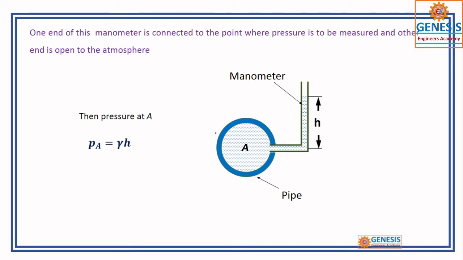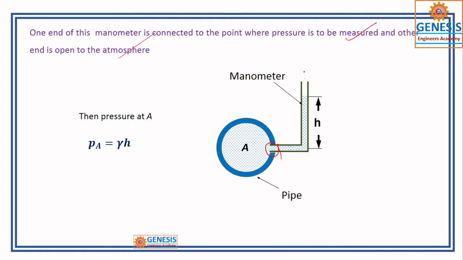So what is a piezometer? One end of the manometer is connected to the point where pressure is to be measured and the other end is open to the atmosphere. One end is connected to the pipe, and there is a restriction: this tube should not protrude from the inner diameter of the pipe, so it must be aligned with the inner diameter.